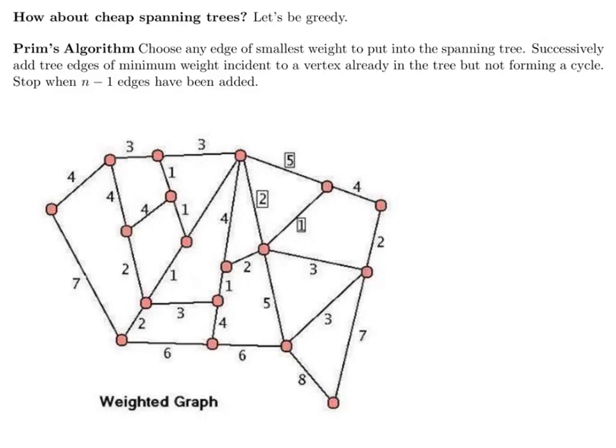So, Prim's algorithm. They're both what we call greedy algorithms. That means you add the cheapest thing you possibly can add at each step. In the case of Prim's algorithm, you want to add the edge of least weight to the spanning tree that is connected to vertices already processed in the algorithm, as long as they don't form a cycle.